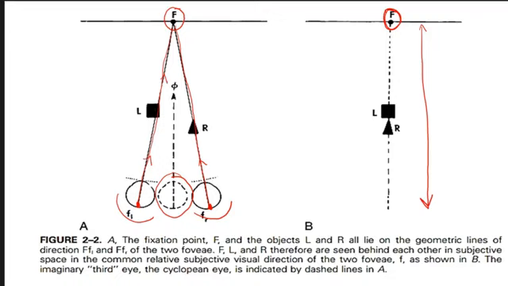Now, to test that, if you place a square in front of the left eye along the visual direction of the left eye, and if you place a triangle along the visual direction of the right eye, what is going to happen? You're actually going to localize the fixation point, the square and the triangle all along one single line, one behind the other, right?